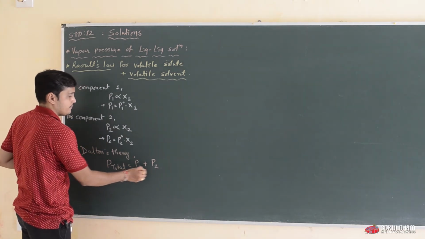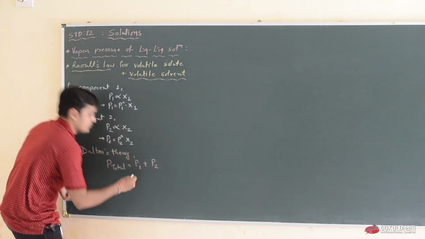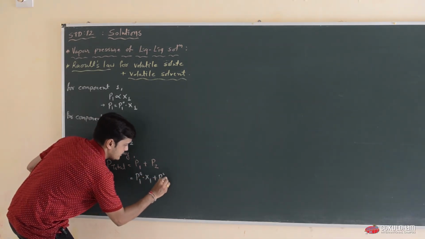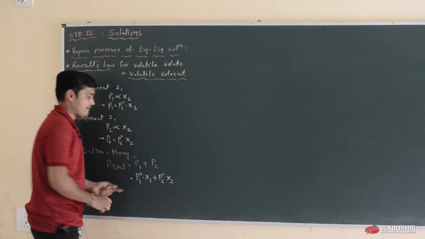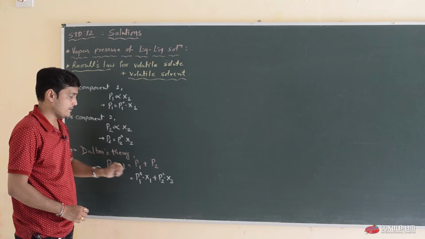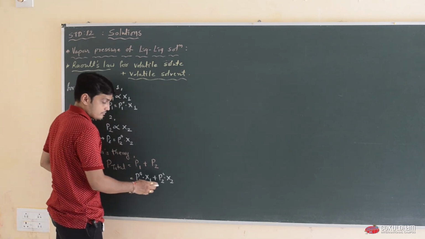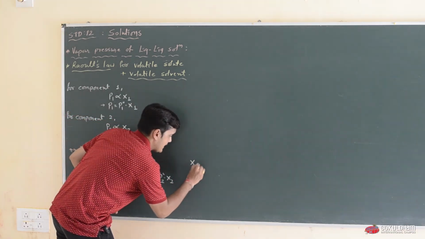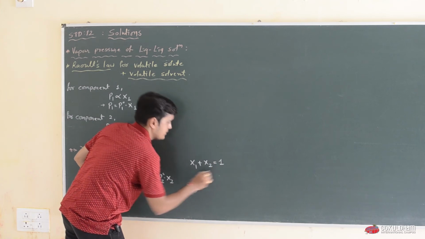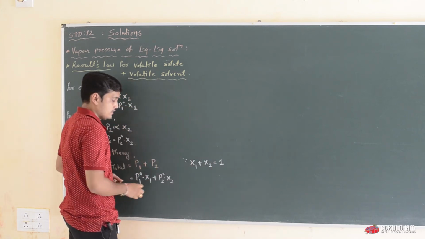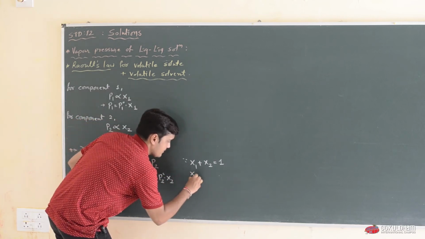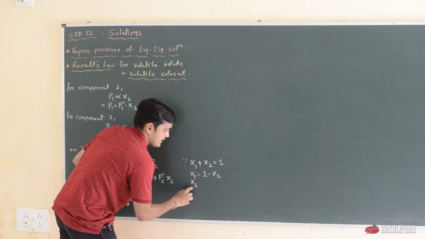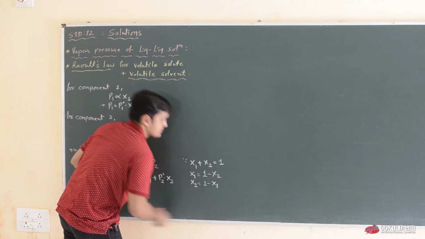We already have the values of P1 and P2, so we can put P1⁰ into X1 plus P2⁰ into X2. Now the next step is very important. We have to eliminate X1 or X2 using X1 plus X2 is equal to 1. This is our basic rule. So we make these two equations: X1 is 1 minus X2 and X2 is 1 minus X1.